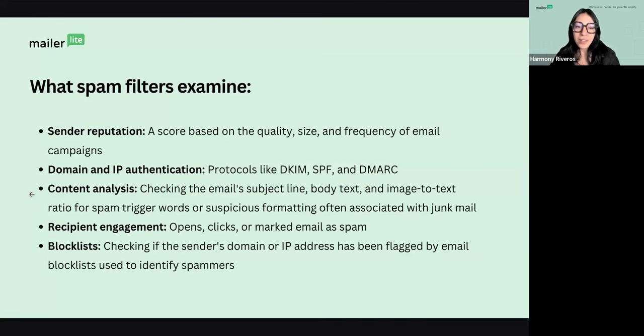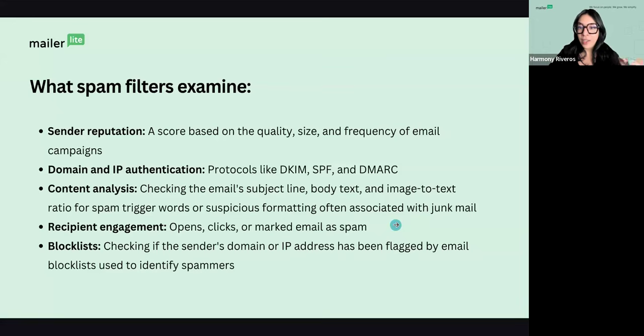Content analysis as well. As I mentioned, they do look at things like the subject line, the body text, image to text ratio, as well as spam trigger words or suspicious formatting that is associated with junk mail. I'll go over a little bit more what this looks like in future slides. But again, this is what the content itself can do. From the subject line itself to the text to image ratio, if an email is full of images only, that does not read well in inbox filters, that will usually be marked as spam.